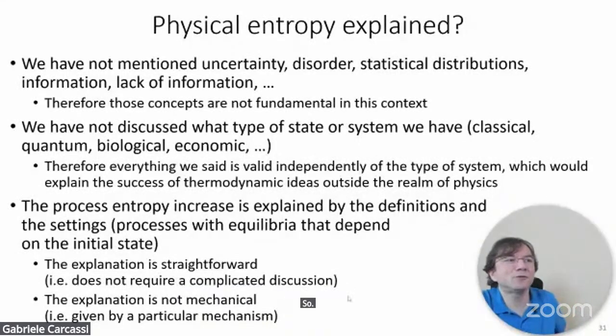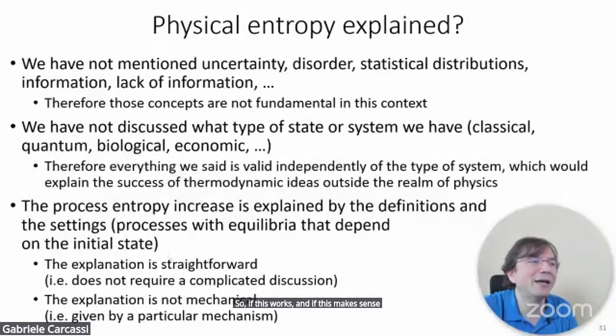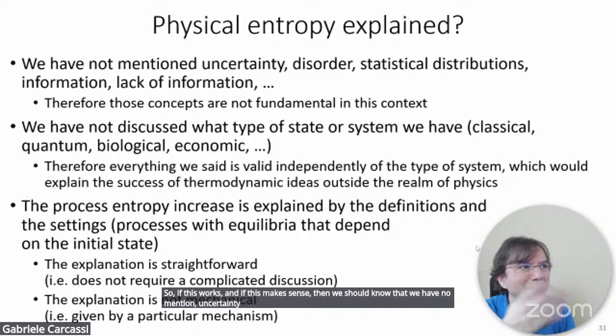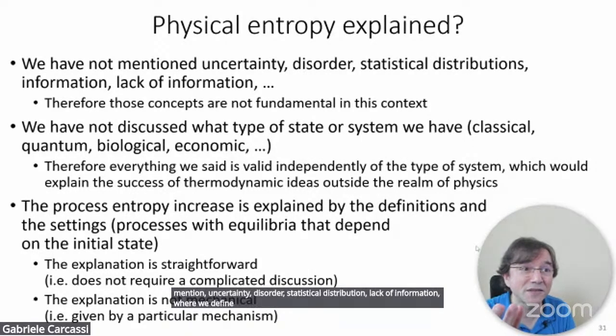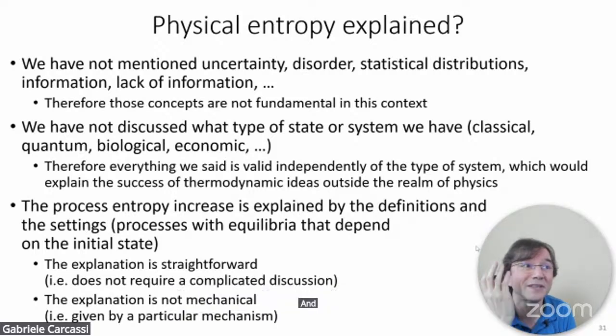So if this works and makes sense, then we should note that we made no mention of uncertainty, disorder, statistical distribution, or lack of information when we defined the basic concepts, and therefore these concepts are not fundamental in this context.